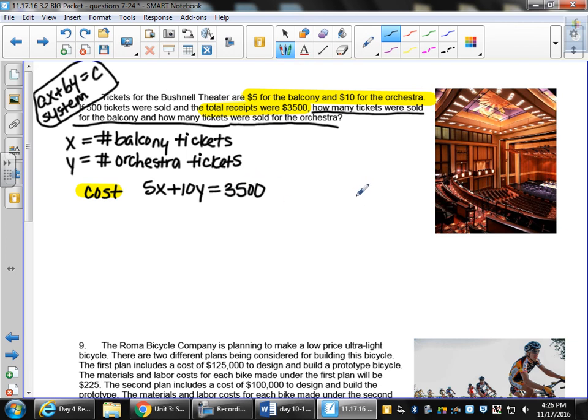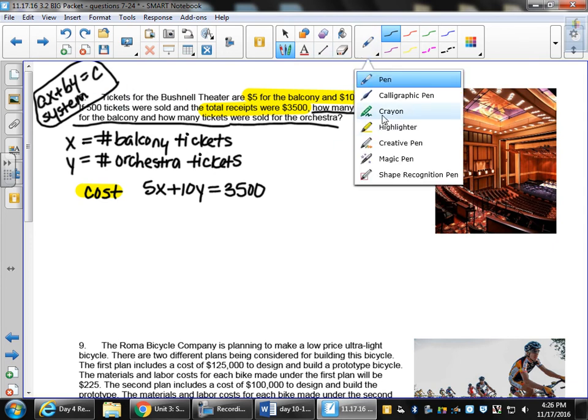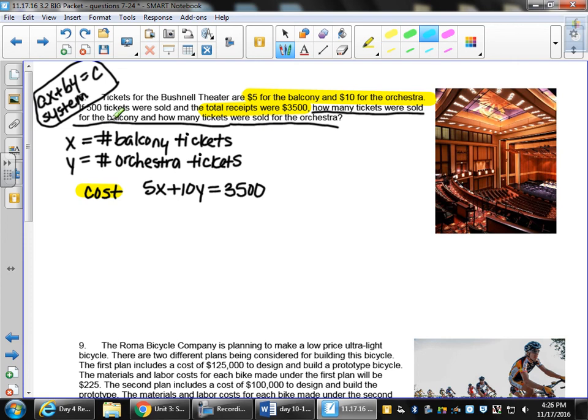Once we've used these values, we can't use them again. So consider them off limits for our next equation. What other piece of information do we have? We're told 500 tickets are sold. 500 tickets is the total number of both tickets put together.